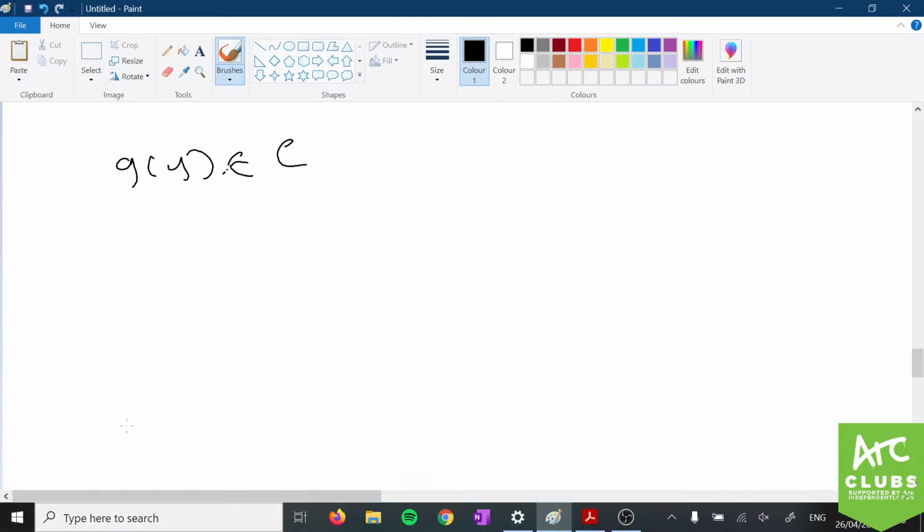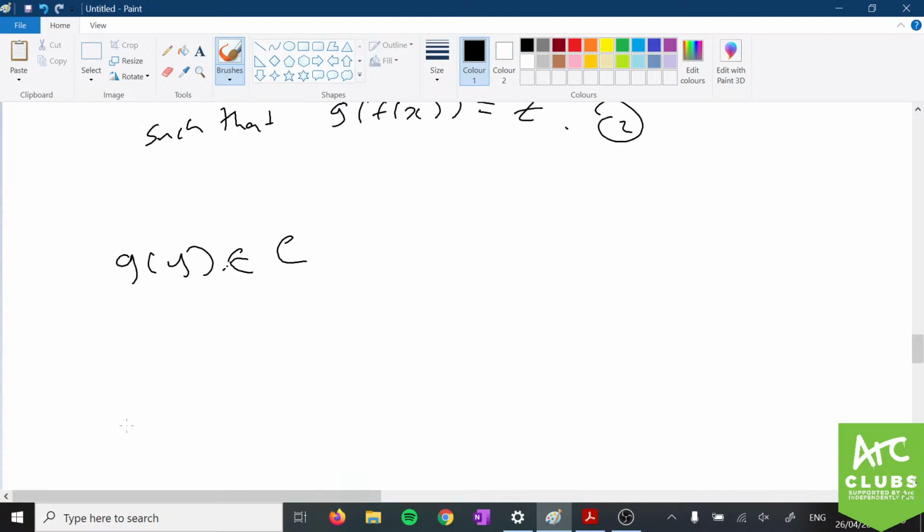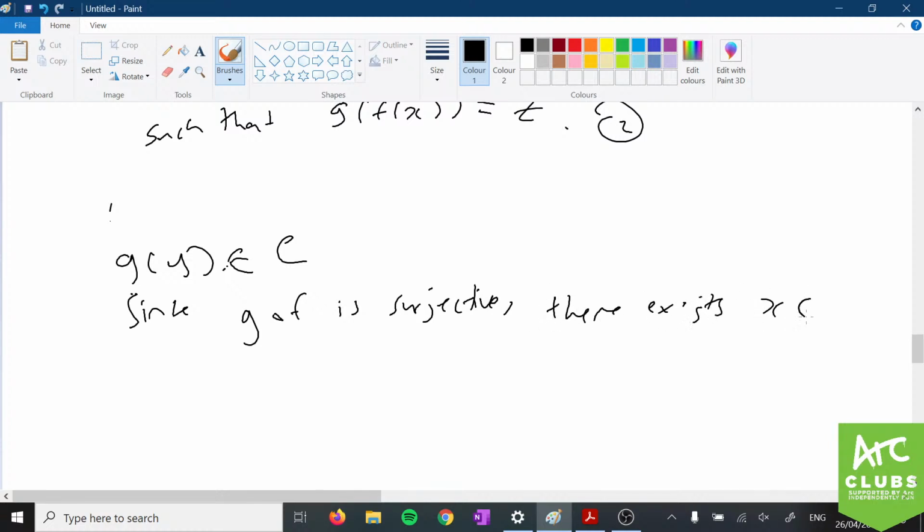So using our fact, since g composed with f is surjective, there exists x in A such that g of f of x equals g of y. So that's using the second fact, we got this result.